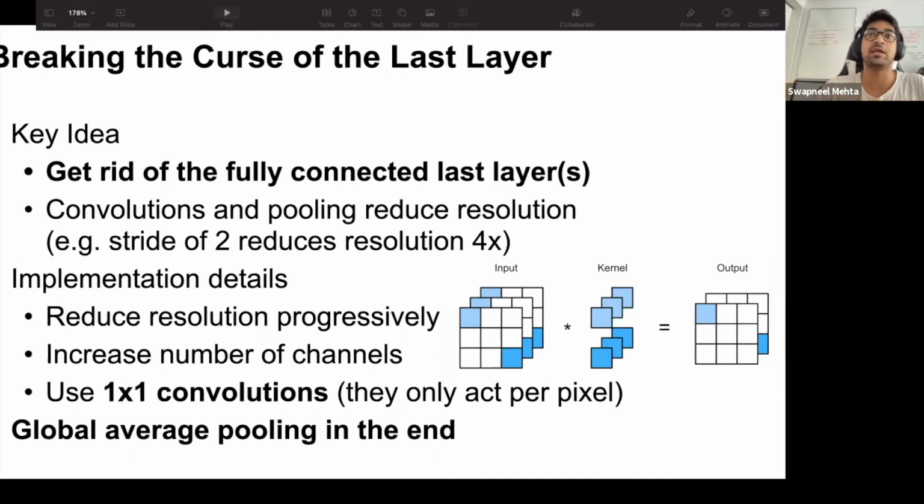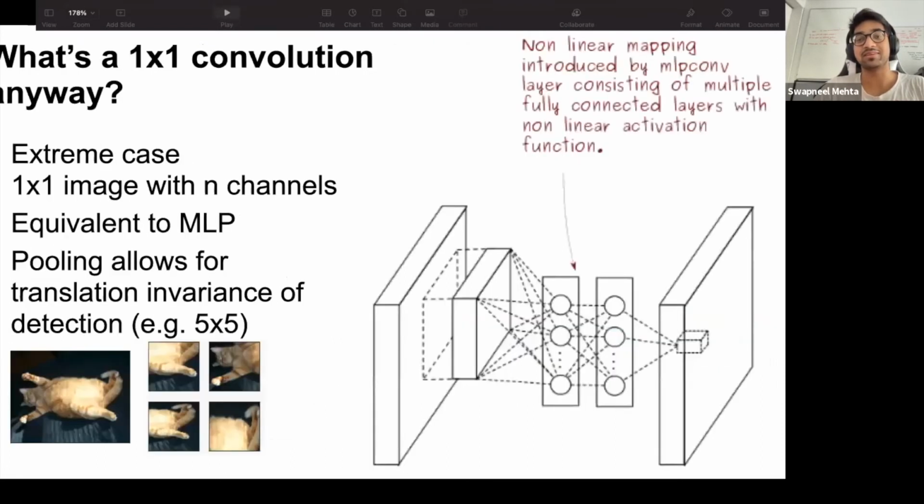And that simple idea created the set of architectures called network in network. Not unsurprisingly, they don't necessarily work as well. It wasn't as much of an accuracy improvement, but it was definitely a very cool innovation in terms of how you can dramatically reduce the number of parameters.